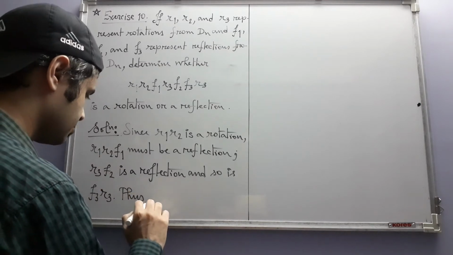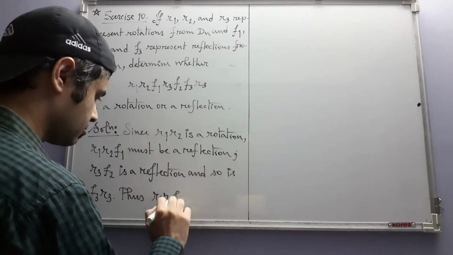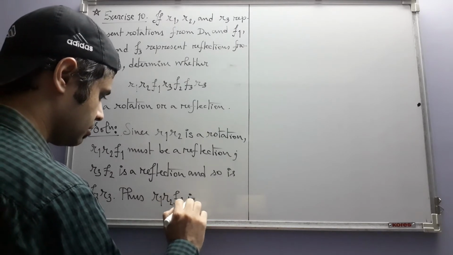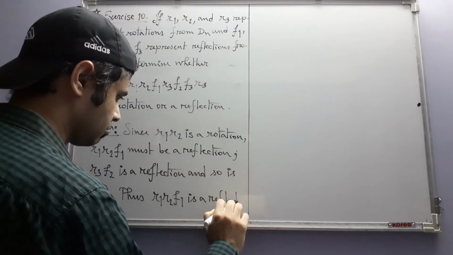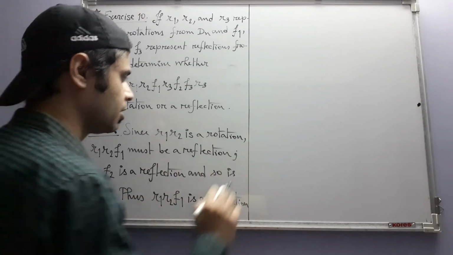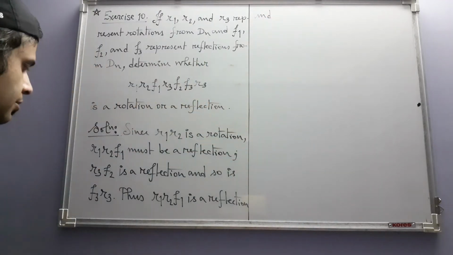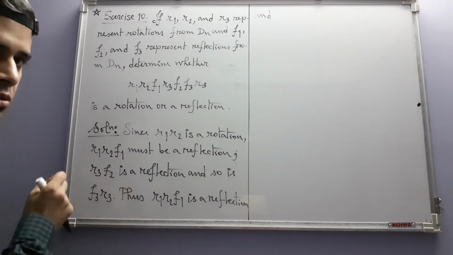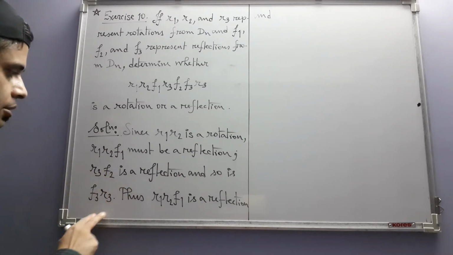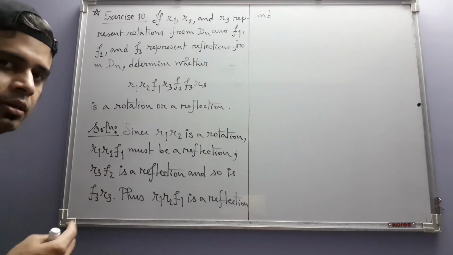Thus, R1, R2, F1 is a reflection, and what shall we get when we consider these 2 reflections side by side, I mean together? Since both of them are reflections, their composition will be a rotation.